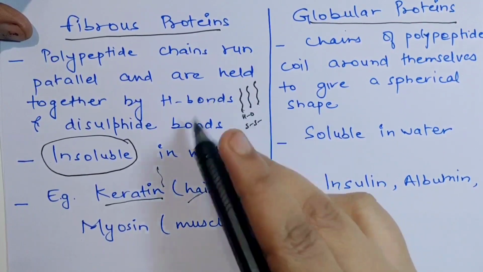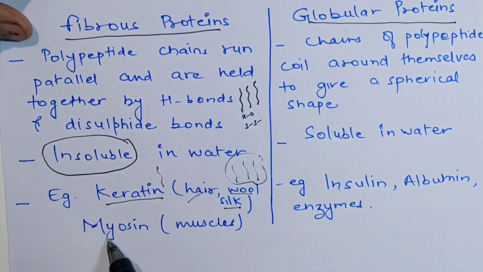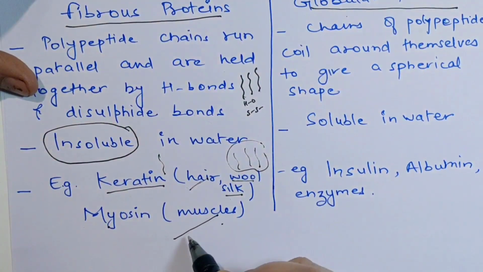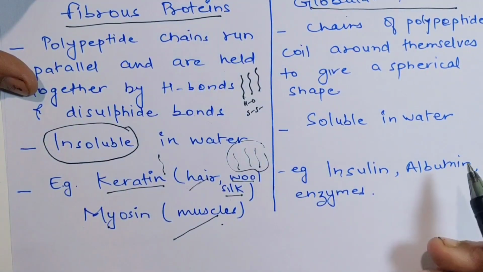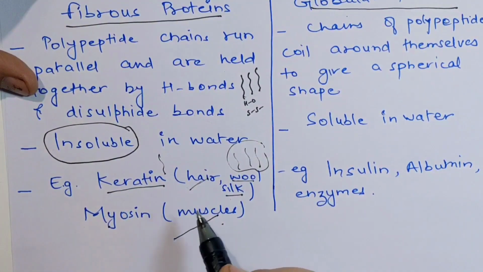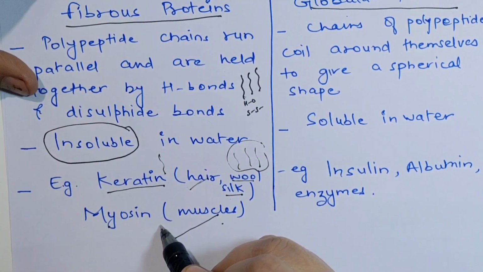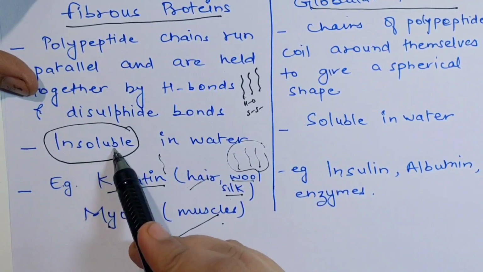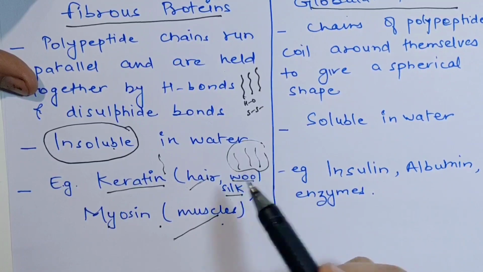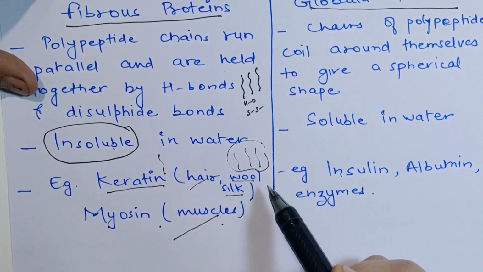So it's fibrous protein. Myosin is the protein found in muscles. Muscles are also long cells, right? So the protein inside it would also be long and fibrous. So these are examples of fibrous protein, and they are insoluble in water. Try dissolving silk or hair or wool in water, they will not dissolve. So you remember it like that.